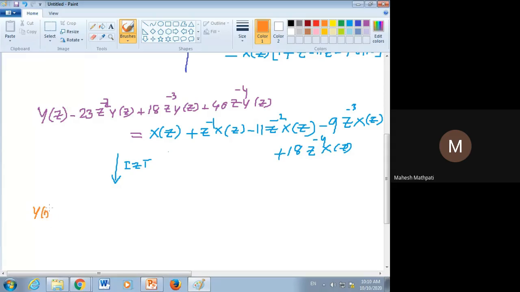Y of n minus 23 into Y of n minus 2 plus 18 into Y of n minus 3 plus 40 into Y of n minus 4.